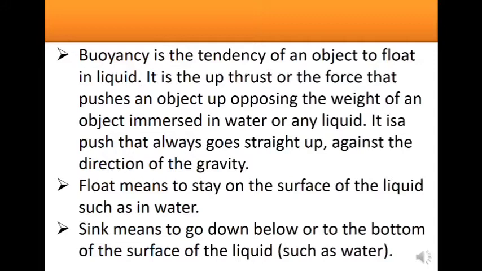It is the upthrust or the force that pushes an object up, opposing the weight of an object immersed in water or any liquid. It is a push that always goes straight up against the direction of gravity. Float means to stay on the surface of the liquid such as water. Sink means to go down below or to the bottom of the surface of the liquid such as water.